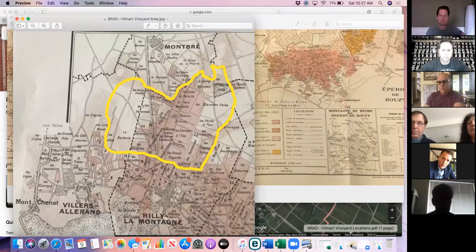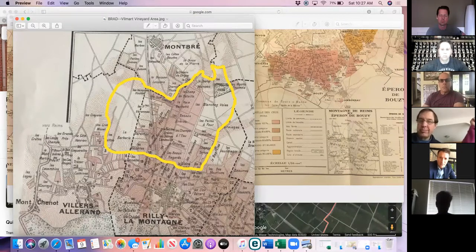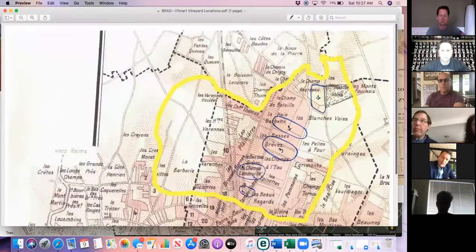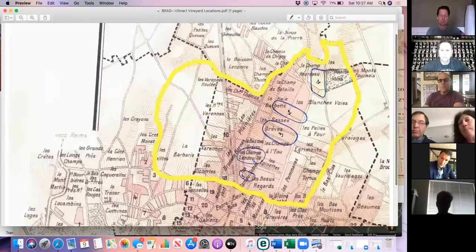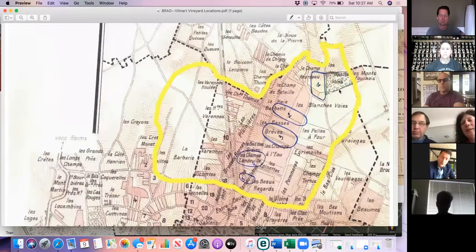On this map, you can see Les Blanchevoies, which is on the north side, but it's 50% of our vineyard, and it's south exposition, which is unusual in Rilly-la-Montagne, because most of the vineyards there are east and north exposition.